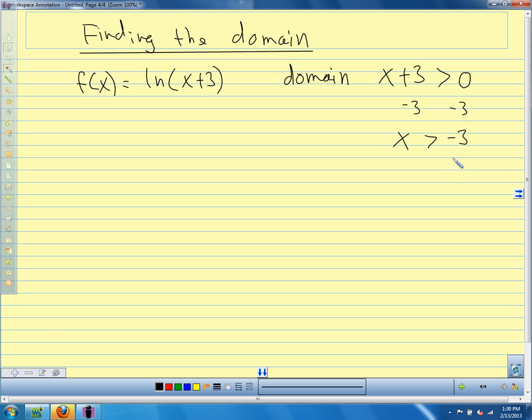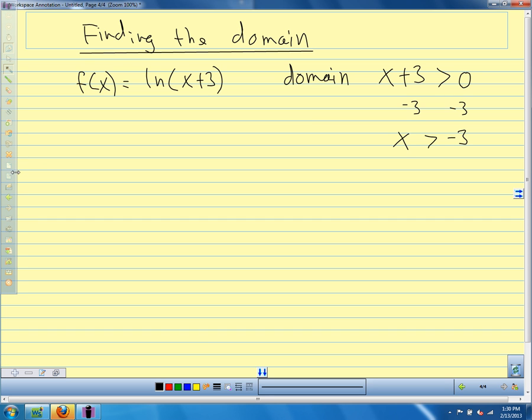If I plug in negative 3, I get 0. But anything less than negative 3, then I end up with a negative. Okay? Got it. So the domain just means whatever is in the parentheses has to be greater than 0. So when we're finding the domain, whatever's in that parentheses has to be greater than 0. Any questions?